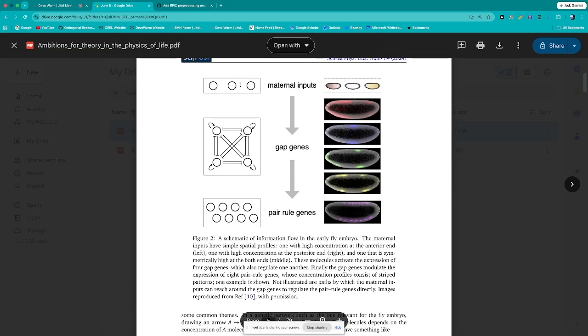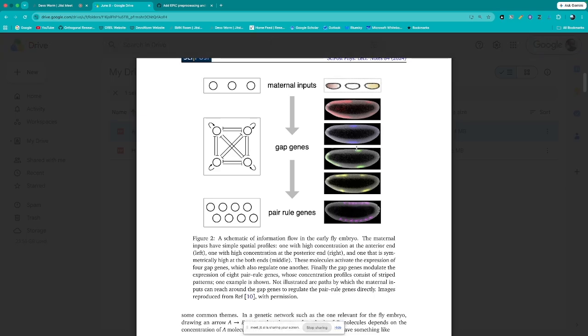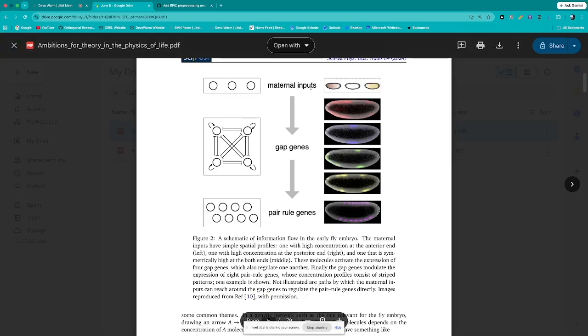Now figure 2 shows this process, but it's schematized on the left. So you have this connection between these microscopy images on the right and the schema on the left. And so you start off thinking about the earliest eggs and the maternal inputs.